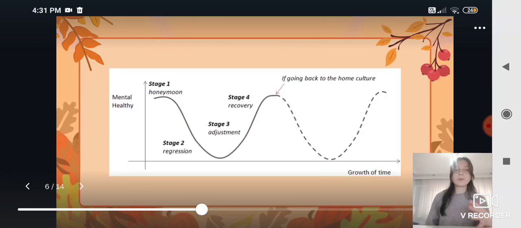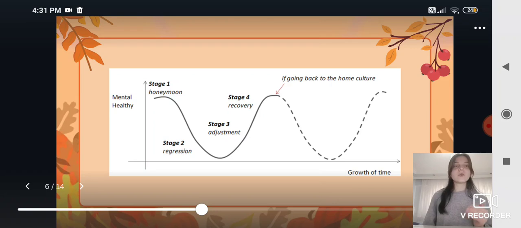We are totally adapted to the culture, we are totally adapted to the environment, and now we have like 2 cultures. And you can see the diagram here, like the honeymoon phase is very raised, like the excitement, but with time we are getting a little anxious because we don't know the environment, we don't know the people.